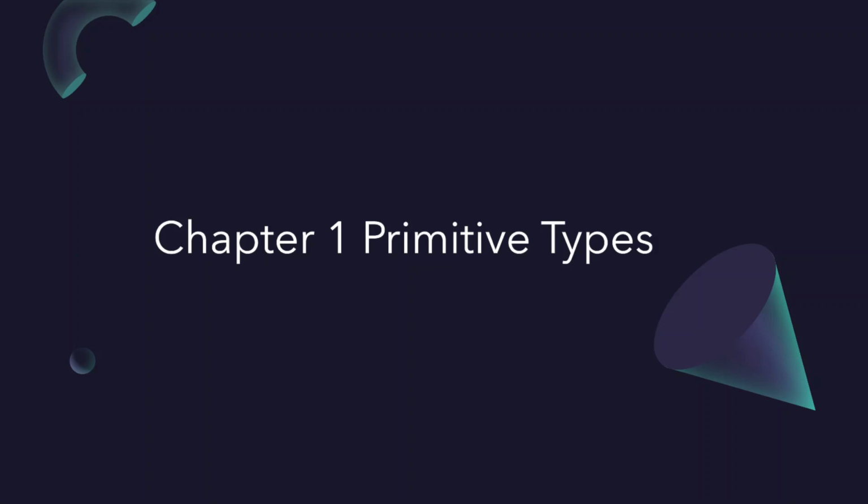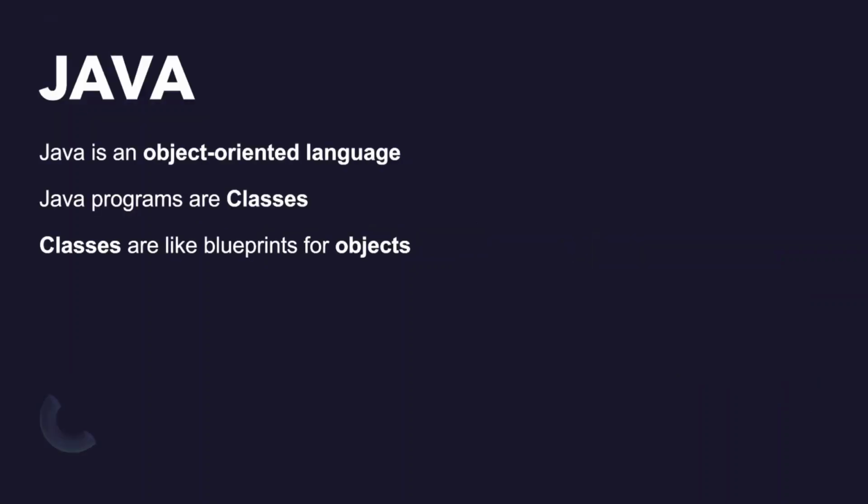Chapter 1, Primitive Types. Java is an object-oriented language, and what that means is basically you could create objects. We'll go over the specifics later, but all you need to know is that every program in Java has a class or is a class, and inside a class, there could be a main method that starts the program.